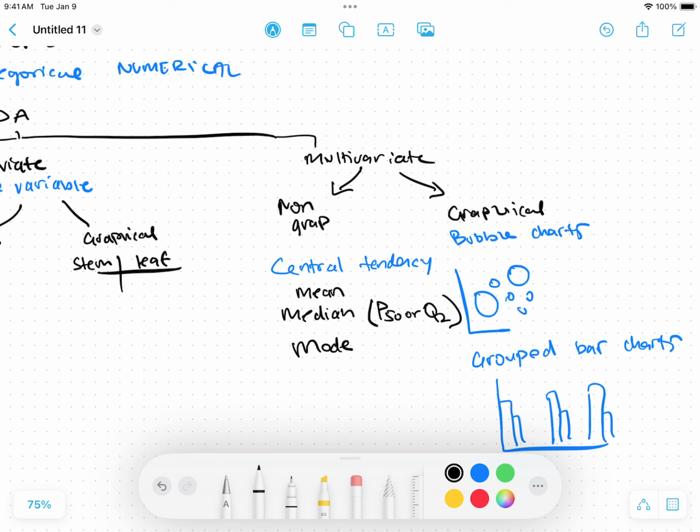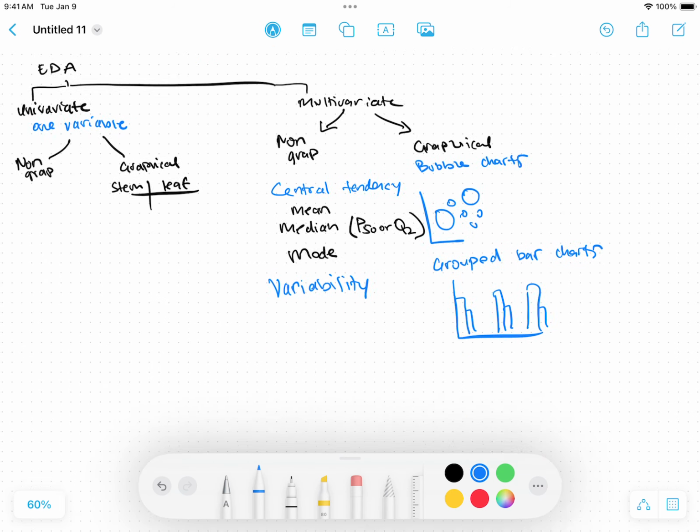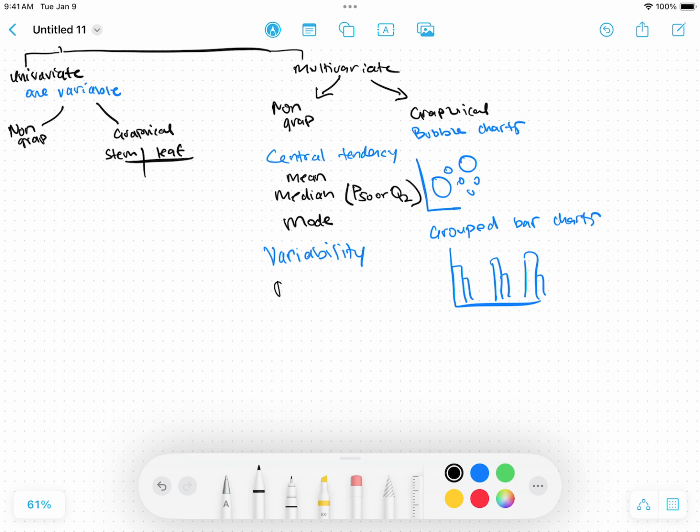We can also show the relationship using variability. And for this, we can have our range, max minus min. We can have a standard deviation. We can have IQR, interquartile range. That's Q3 minus Q1.